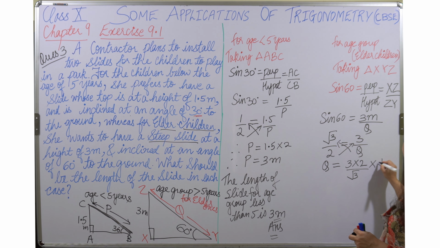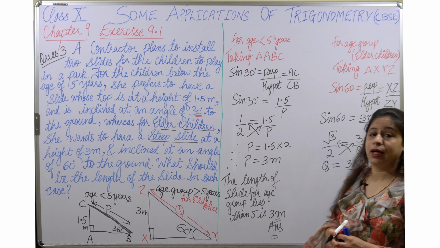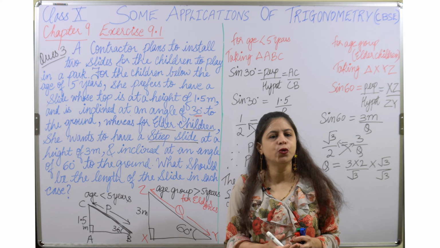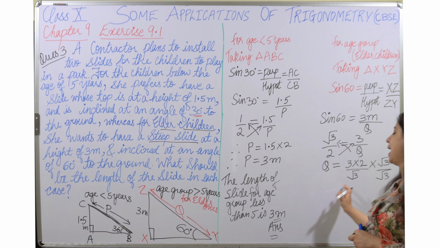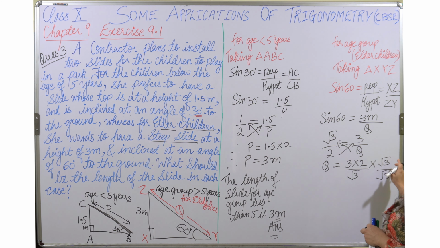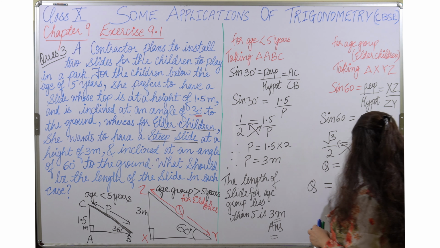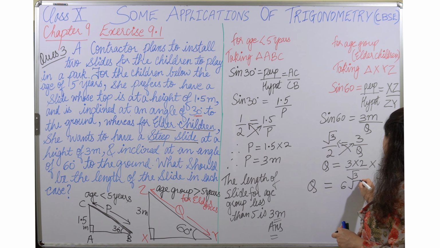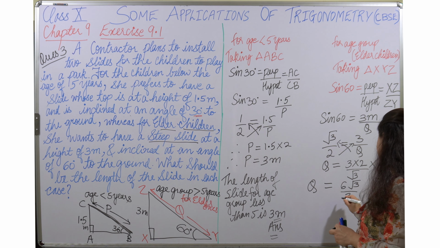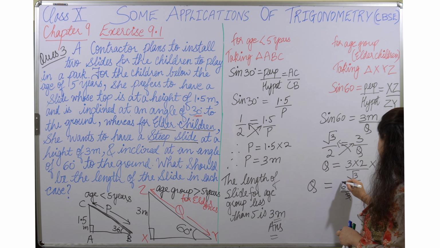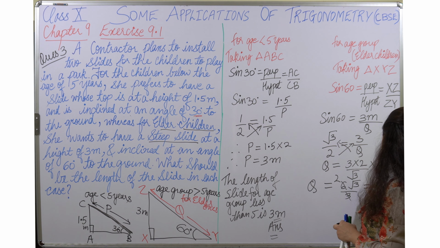Okay, so we'll be rationalizing it, because we cannot have the answer having a root in the denominator. So we'll be rationalizing it, multiplying with root 3 in the numerator as well as in the denominator. So therefore Q will be equal to 6 root 3 upon 3. So it gets cancelled, 3 1s are 3, 3 2s are 6. So we'll be getting 2 root 3.